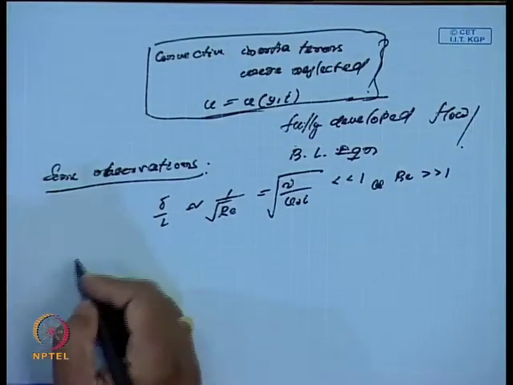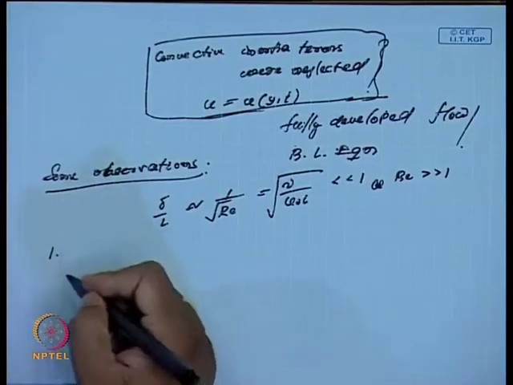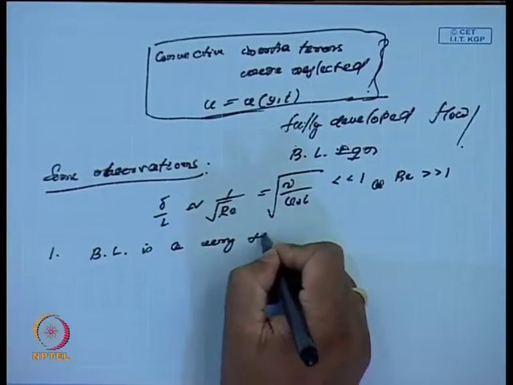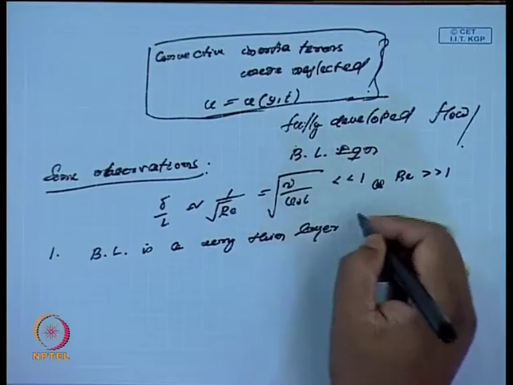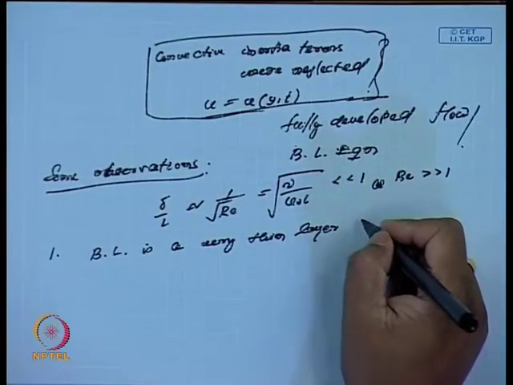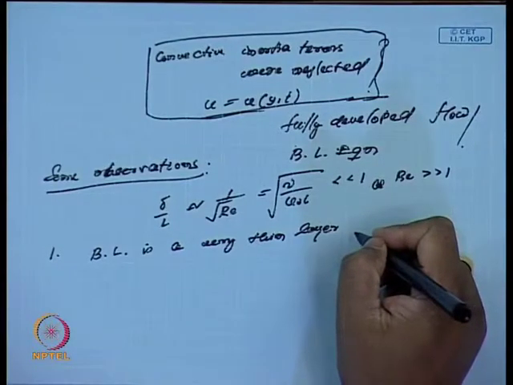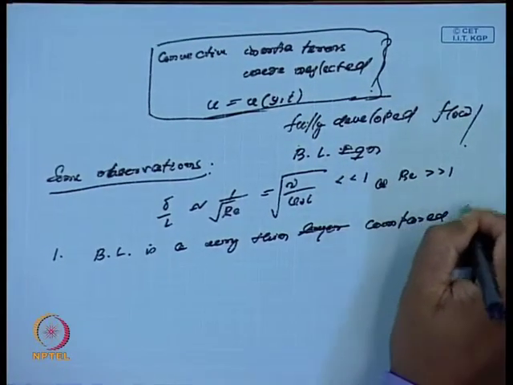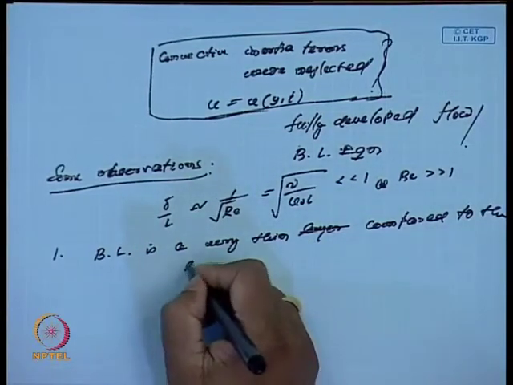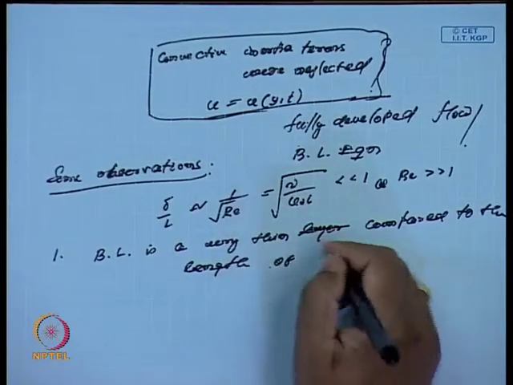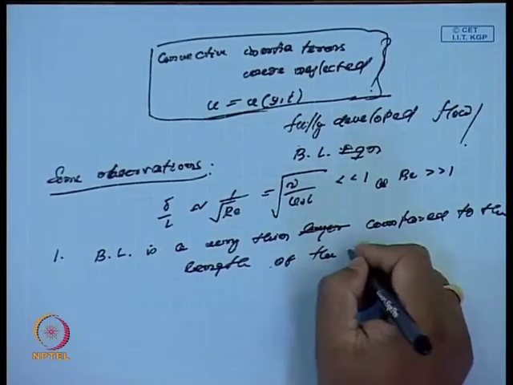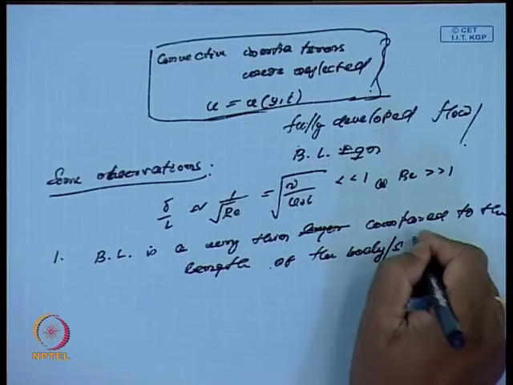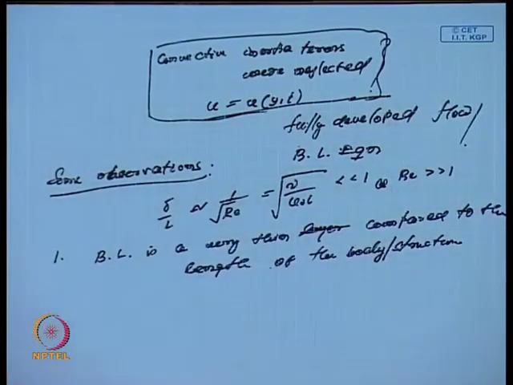So, what we have observed is that the boundary layer is a very thin layer, very thin compared to the length of the submerged body, or the length of the structure, because delta by L is much less than 1.